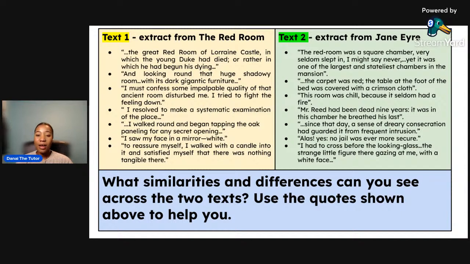I'll give you 2 minutes for this, and then you can type in your answers. So I'll give you time to do that, and then we'll look at some similarities and differences. 2 minutes starting now.